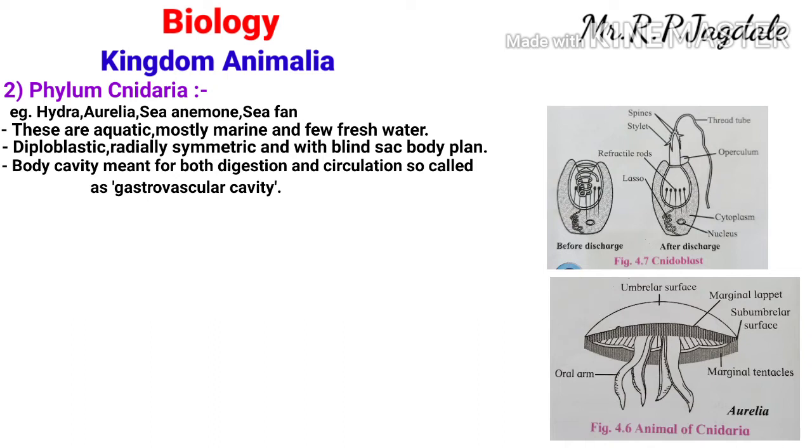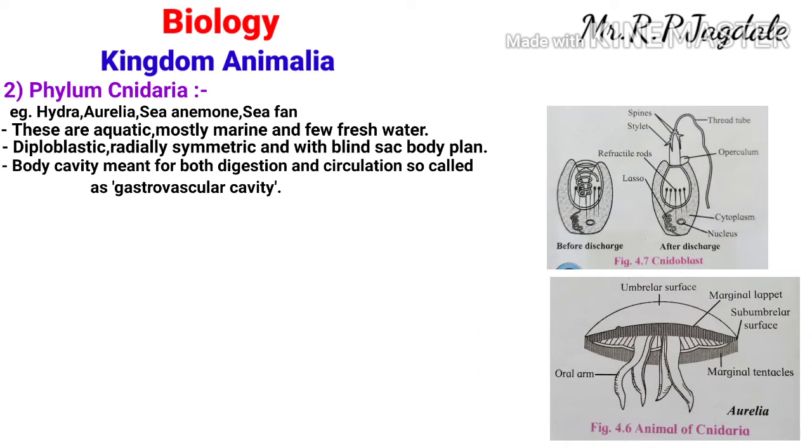That's why it is called the gastrovascular cavity, or it is also called the coelenteron. That's why this phylum is also called Coelenterata. The Cnidaria phylum is also called the Coelenterata phylum.